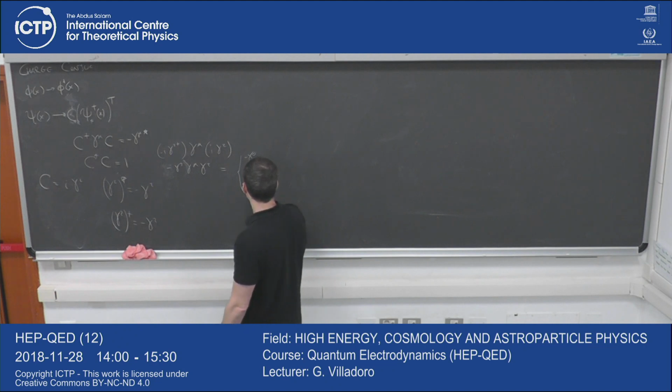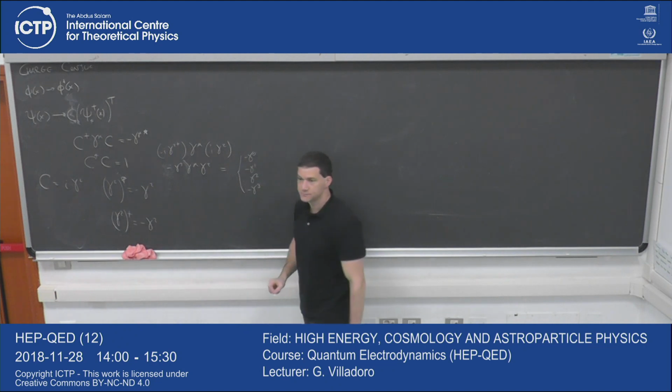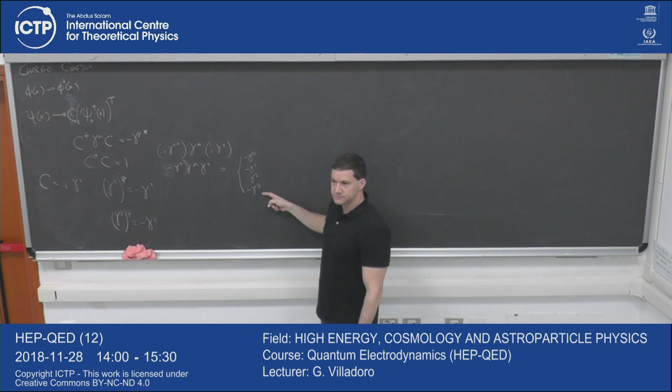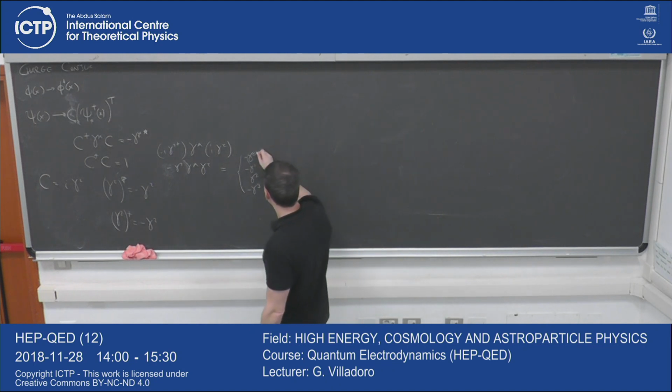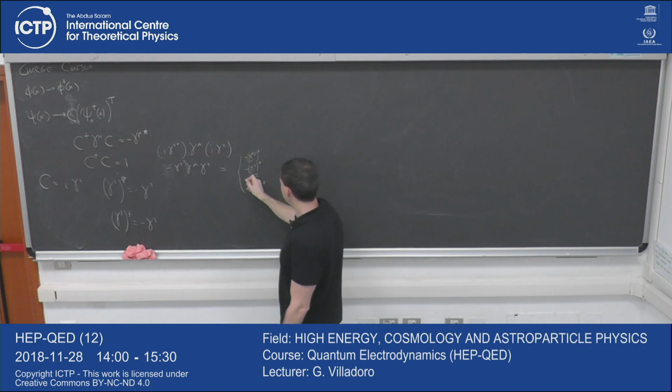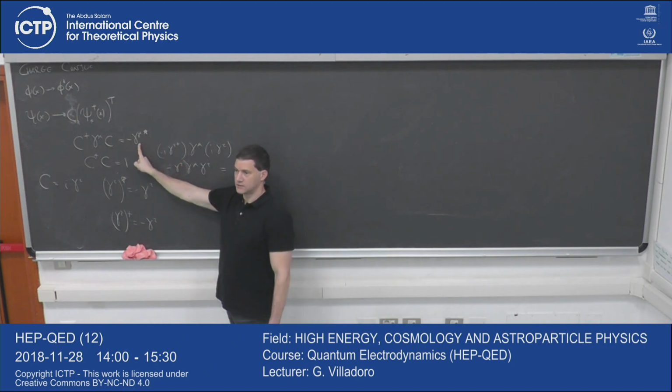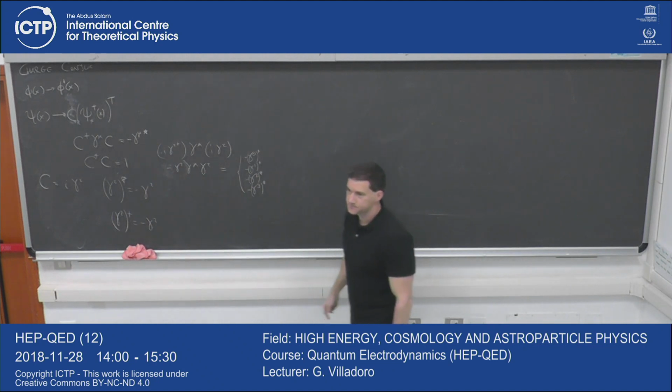For gamma 3, which anticommutes, you get minus gamma 3. But gamma 0, gamma 1, and gamma 3 were real, so these are also equal to the star of themselves. Gamma 2 instead is purely imaginary, so it is also equal to minus gamma 2 star. So indeed, they satisfy this relation.